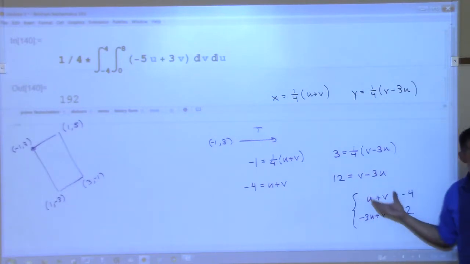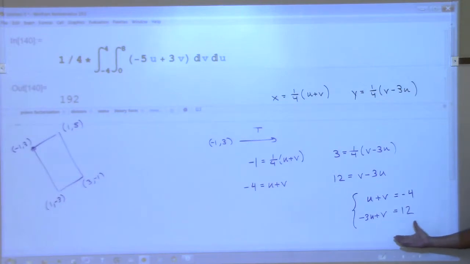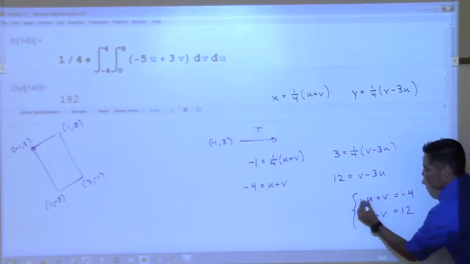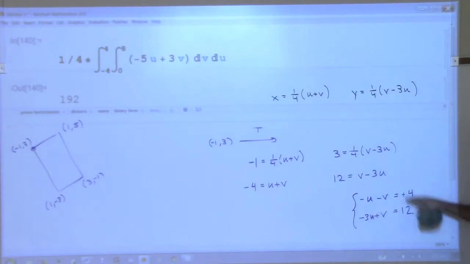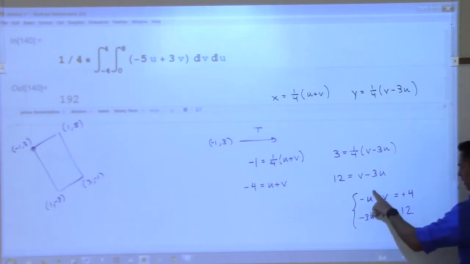That's two equations, two unknowns, and then you can solve this. Make sense? I'm going to do it like this because I can work with this pretty easily right now. If I just make that minus, make that plus, then I can do elimination, just add straight down. So if I add straight down here, what would I get?